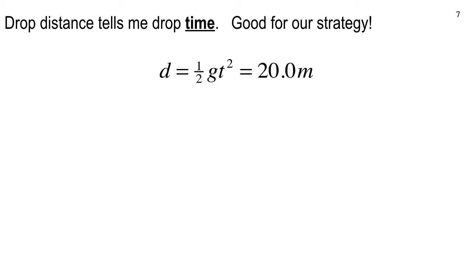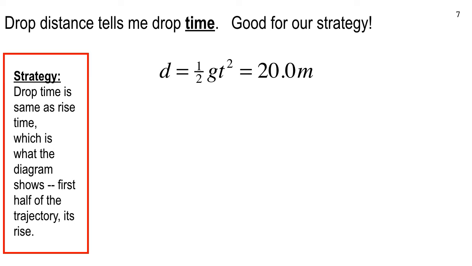Now, there's the drop distance formula. D equals 1/2 gt squared. Now, according to our graph paper, that's 20 meters. All right? Now, we know what G is. It's 9.8 negatory. Actually, in this one, we're going to use positive 9.8 because it's just a drop distance. Okay? We're not trying to get a coordinate yet. All right? So we can just use positive 9.8.